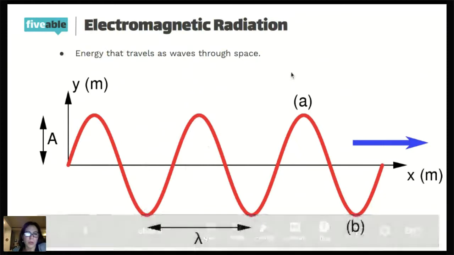We can also check the frequency, which would be how many waves per second it appears. So if this diagram occurred in 1 second, then we will have a frequency of 1, 2, 3 waves.